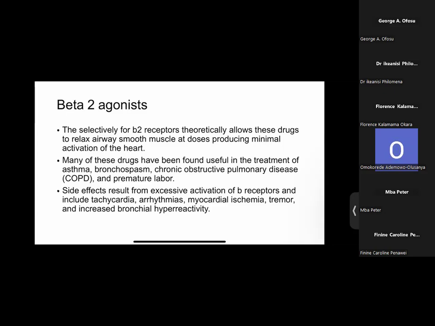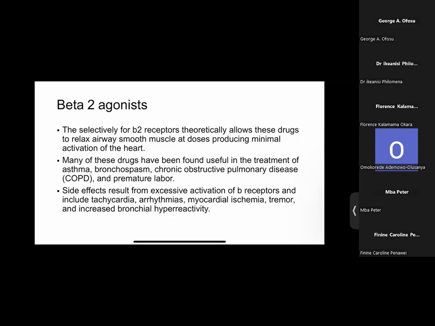Beta 2 receptors are located mainly in the lungs, uterus, GIT, and bladder. They are useful in the treatment of asthma, bronchospasm, chronic obstructive pulmonary disease, and premature labor. Side effects result from excessive activation of beta receptors and include tachycardia, arrhythmias, tremors, and increased bronchial hyperactivity.